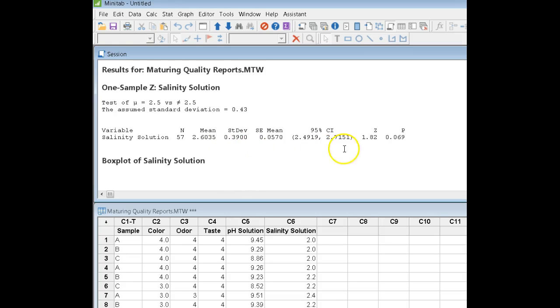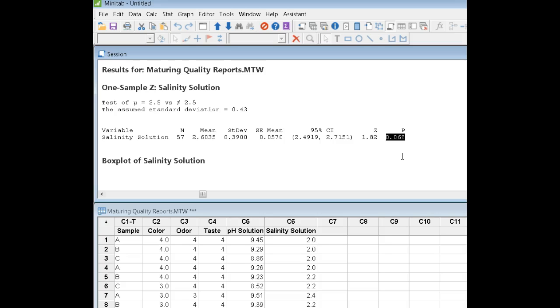That's the question. We come over here, Minitab has calculated for us the test statistic of 1.82, and it gives us the p-value. Now this p-value of 0.069, keep in mind because this is a two-tailed test, this represents the area under the curve to the right of a positive 1.82 plus the area under the curve to the left of negative 1.82.